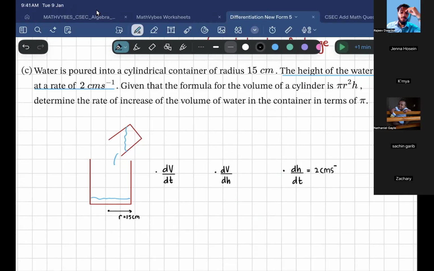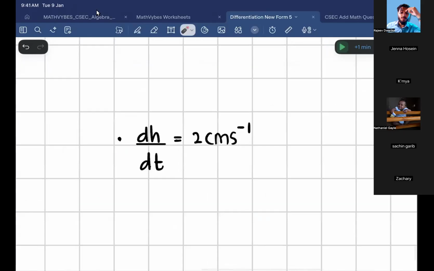And Jenna, you were saying that this is like physics. It is physics. Look at this: centimeters per second means centimeter over second. What do you measure in centimeters? The height.